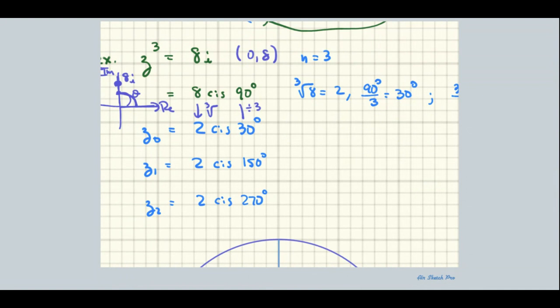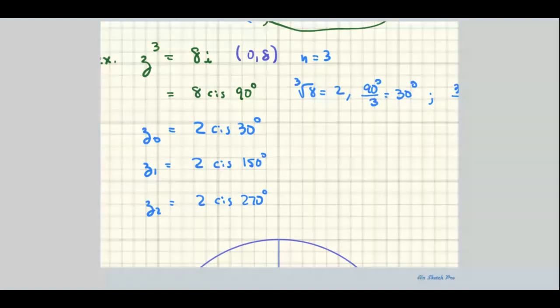There we go. So the basic rule here is, if you want to find the first one, looking at the cube, trying to find the cube root, you take the cube root of r, and then you divide the angle by 3, because we're taking the 1/3 power with an exponent, and so you multiply by 1/3.